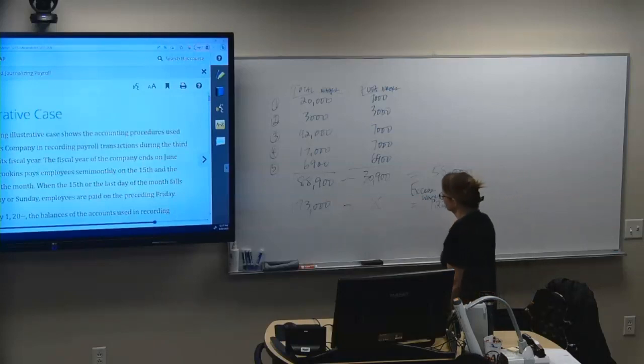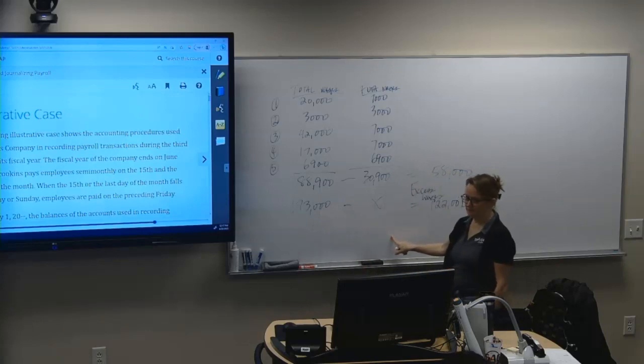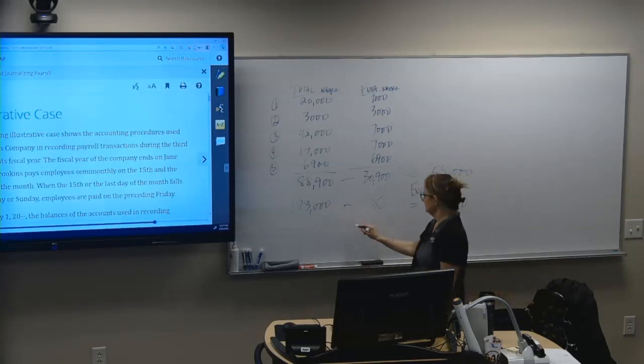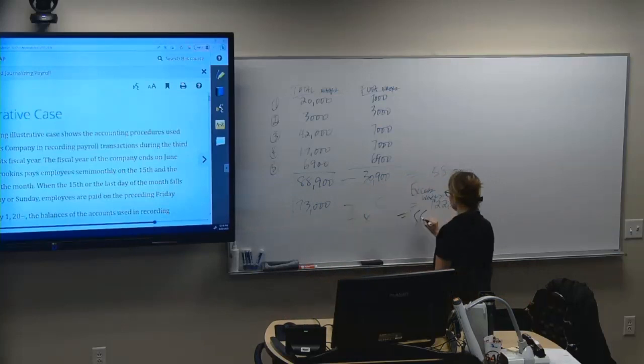In order to get that, we can just use algebra. So negative X equals 122 minus 173, and then we just make it positive. Minus 51.